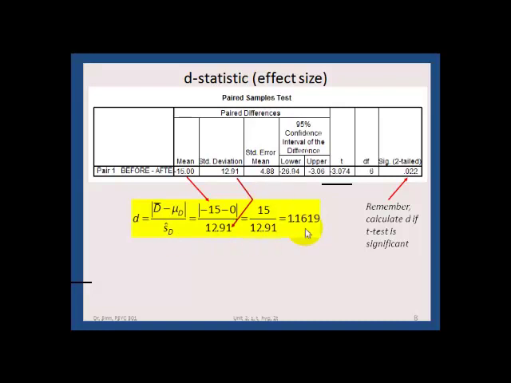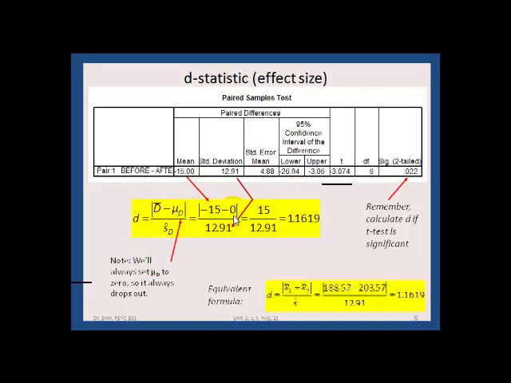And then we work that out and get the 1.1 something. So again, you're always going to set the mu D equal to 0, so it's always going to drop out. And again, notice also that we have the negative disappearing because we're taking the absolute value. You'll never have a negative d over here. Now, just FYI, I showed you the X bars on the previous formula.